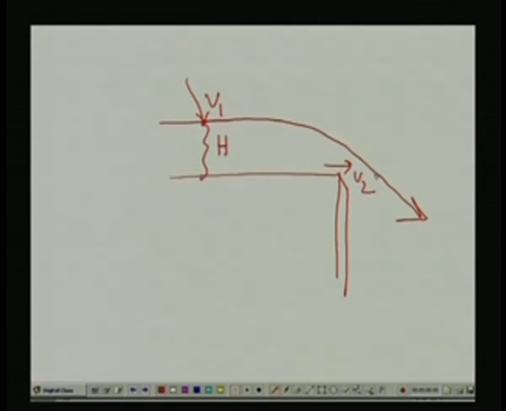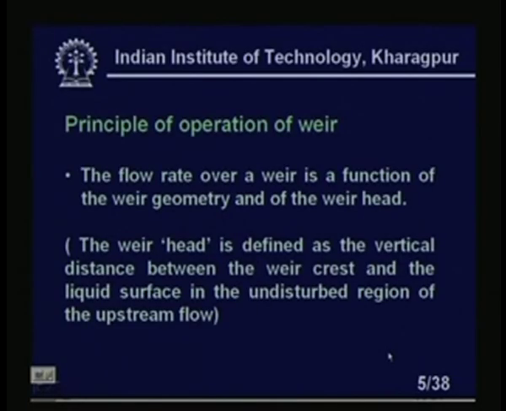Mostly it is an indicating or monitoring type of instrument, hardly used for transmission purposes. So, the weir head is defined as the vertical distance between the weir crest and the liquid surface in the undisturbed region of the upstream flow.